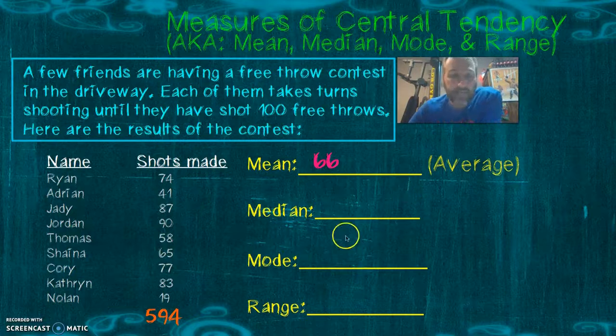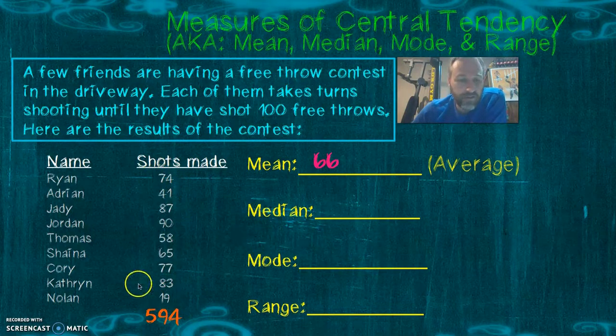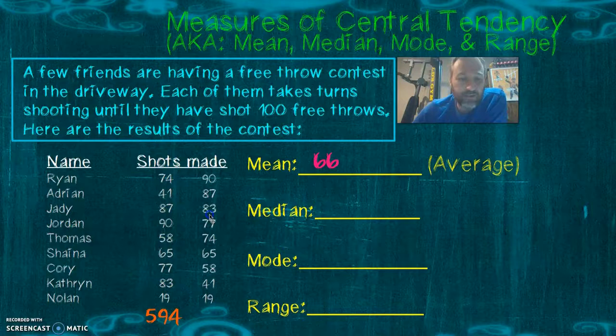Okay, now a median. When you do a median, what you do is you reorder all of these numbers from least to greatest or greatest to least. I did greatest to least. I rewrote them right here. So they go 90, 87, 83, 77, 74, 65, 58, 41, 19.